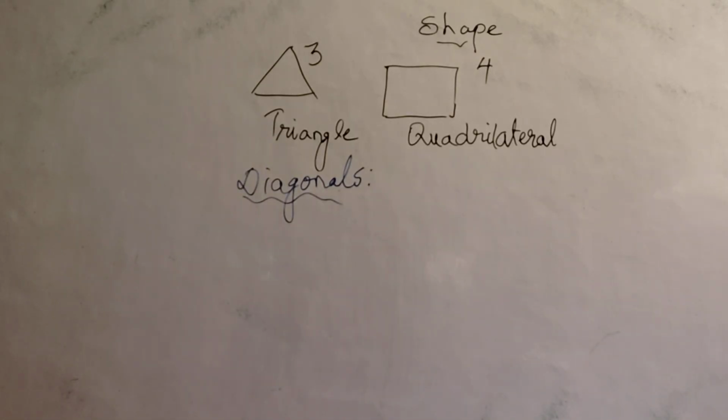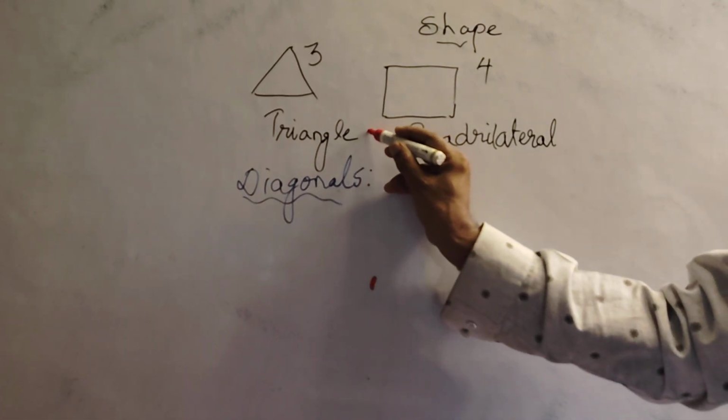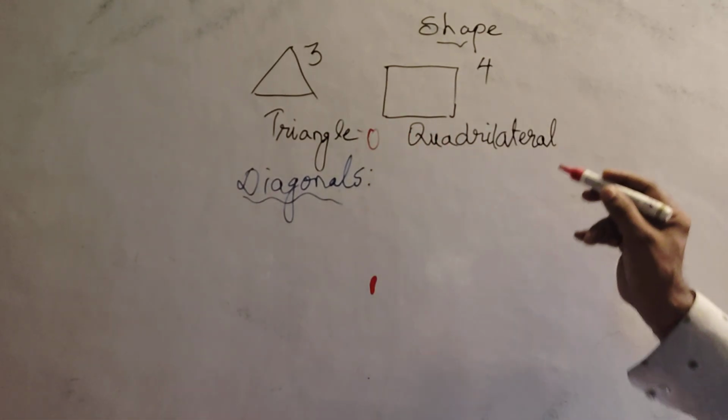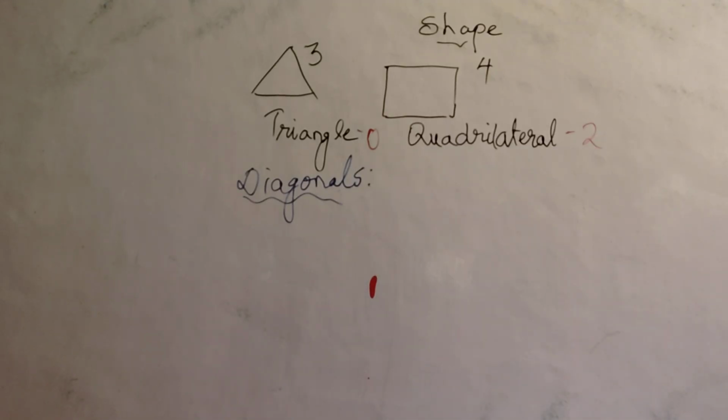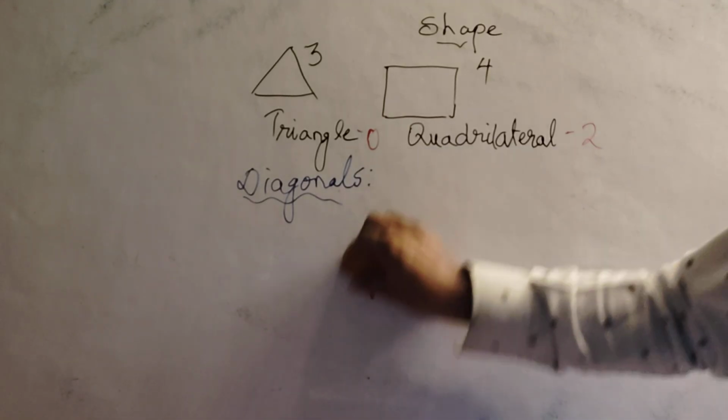Okay, in a triangle the diagonal is 0. In a quadrilateral the number of diagonals is 2. Correct.